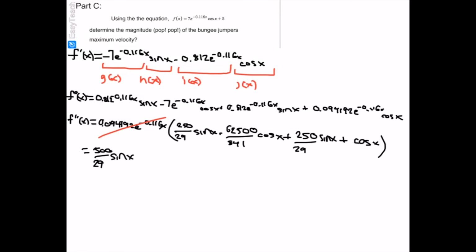So here I just collect like terms to simplify the equation a little more, and I continue to isolate for my x value.